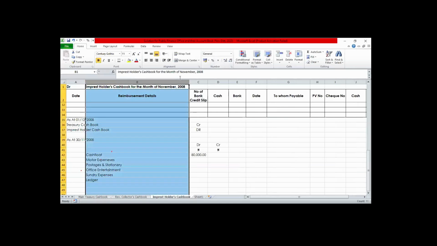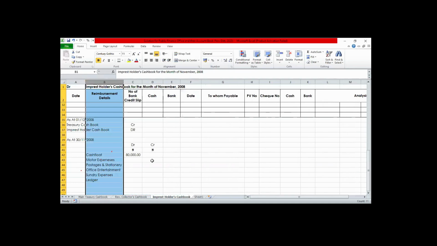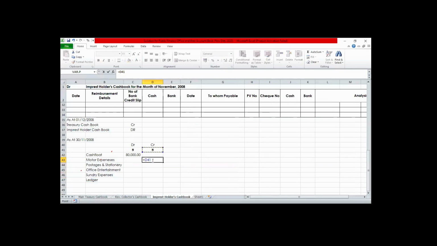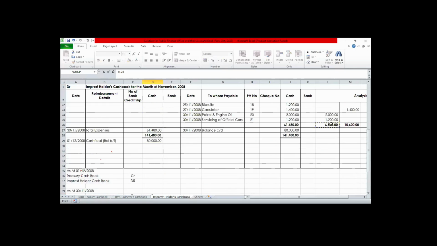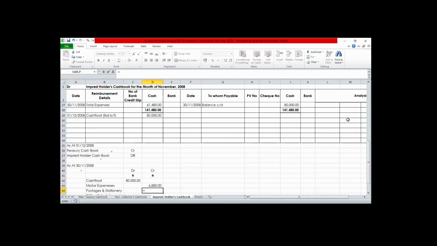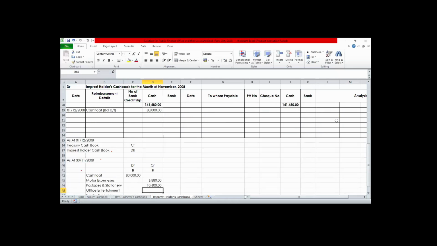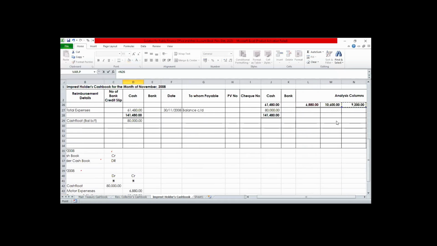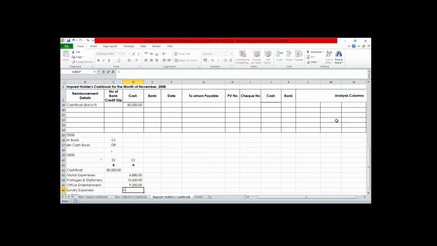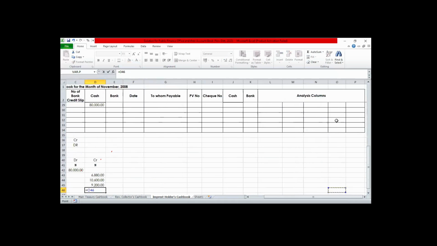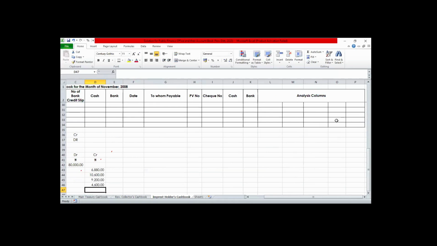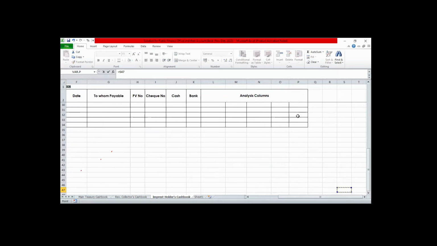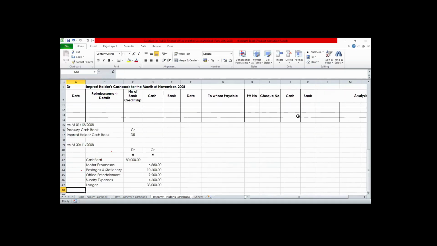Okay. Now from there, all those transactions here, this is the third one. The fourth one, cash retired.